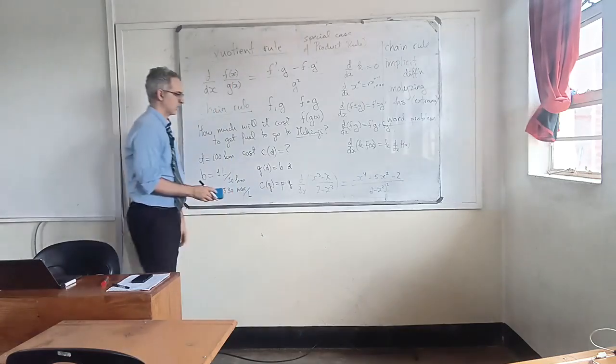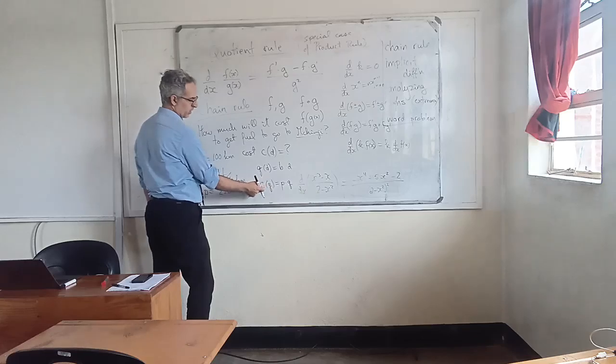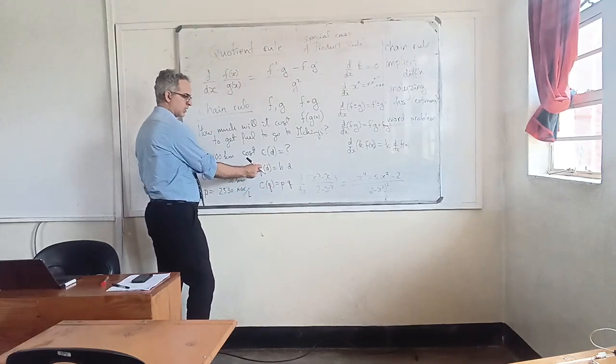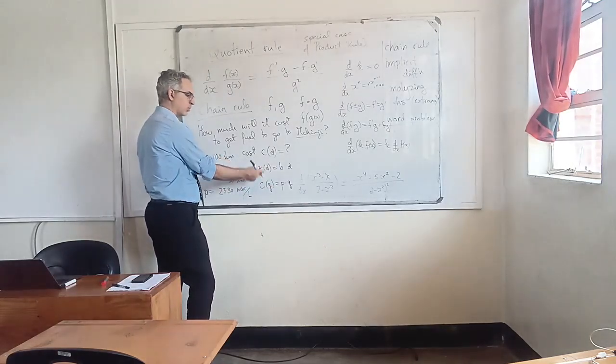So now, I don't know C of D, but I know cost as a function of quantity, and I do know the quantity as a function of distance. So now I can compose the function.